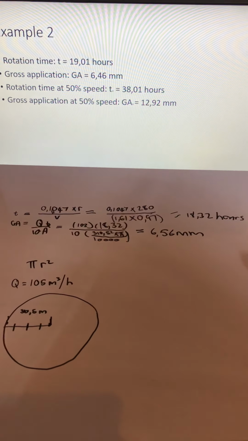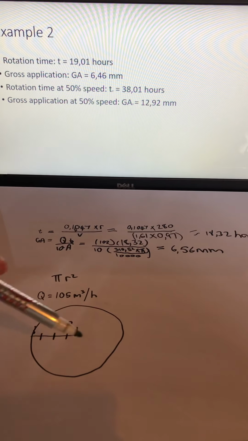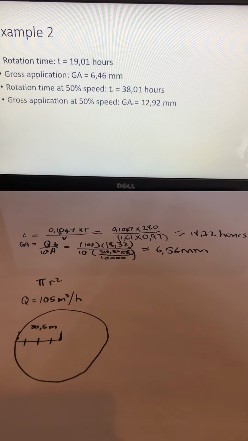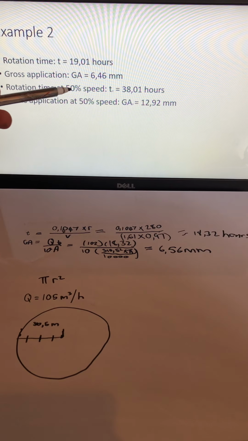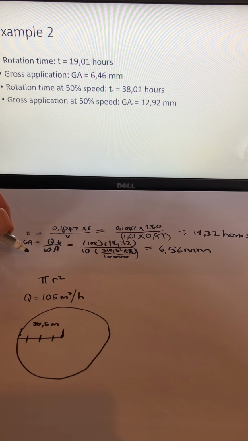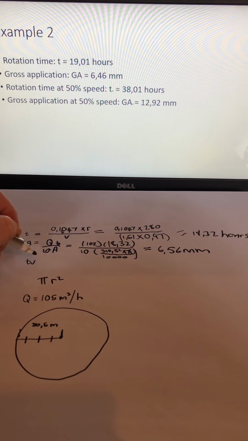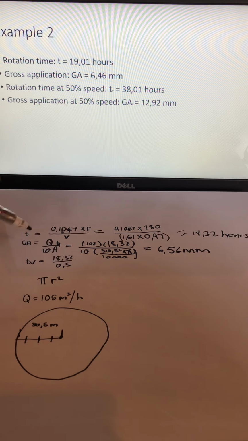Okay, so now this was calculated for if the center pivot is moving at 100% speed of the speed that it can run at. So now it's saying that it is running at 50% of that speed. So in order to calculate the rotation time at 50% speed, it's going to be that 18.32 hours divided by 0.5.